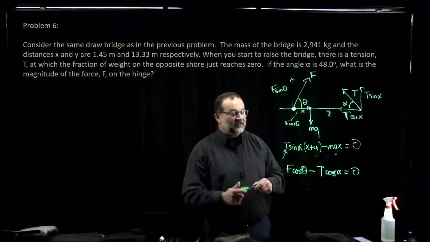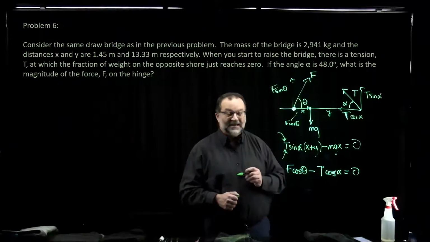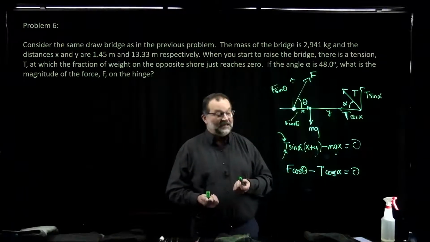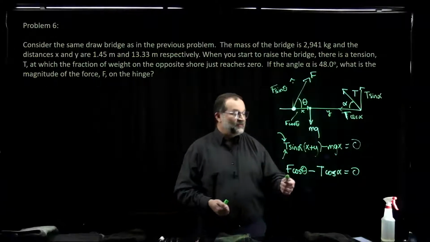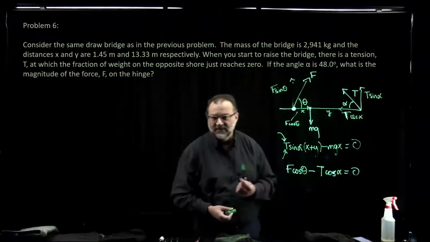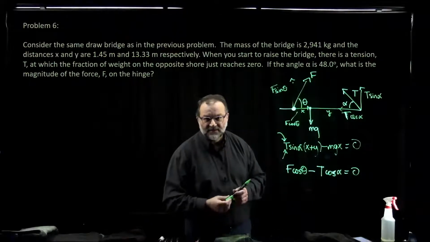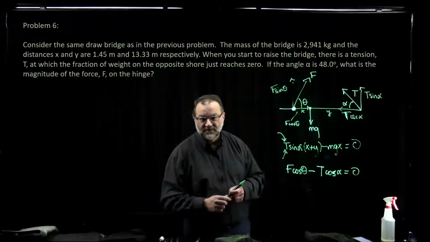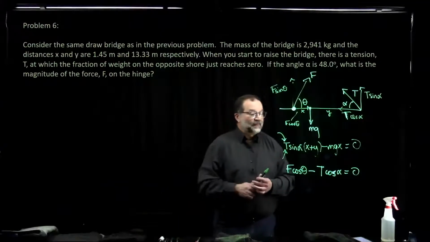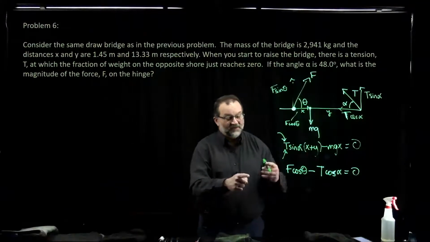In this equation, the only thing we don't know is T. Once we know the tension, we go to this equation. The only thing we don't know in this, do we know theta? Let's see. Alpha. We don't know theta yet. Okay. So this is horizontal.